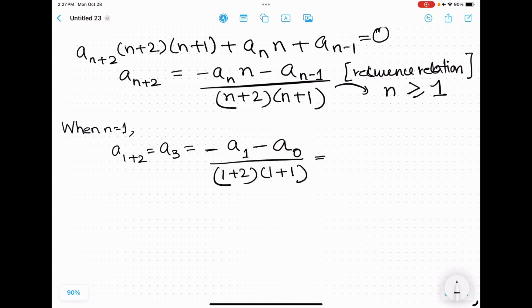So that gives me negative a sub 0 minus a sub 1 divided by 6. That is my a sub 3.